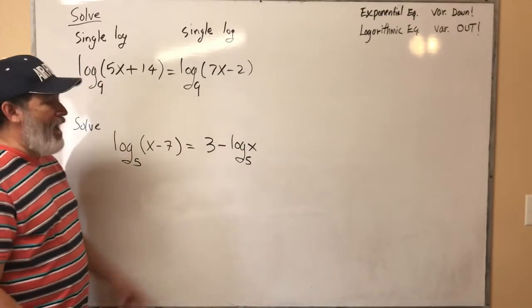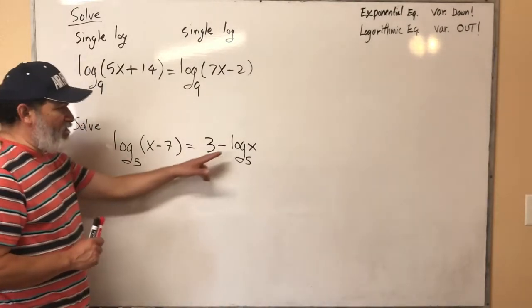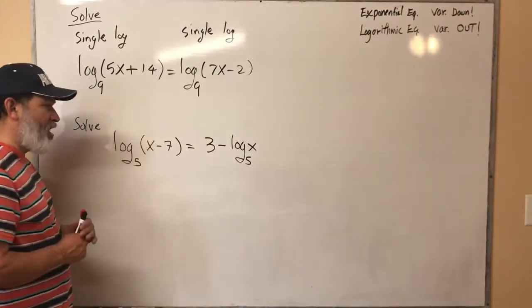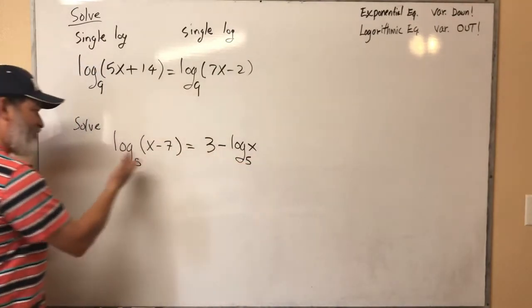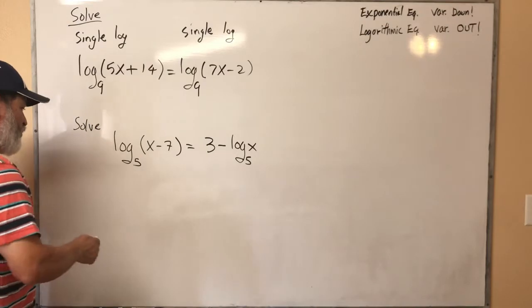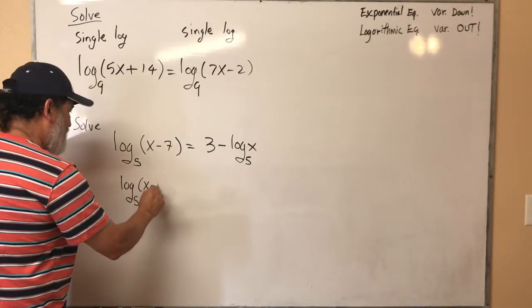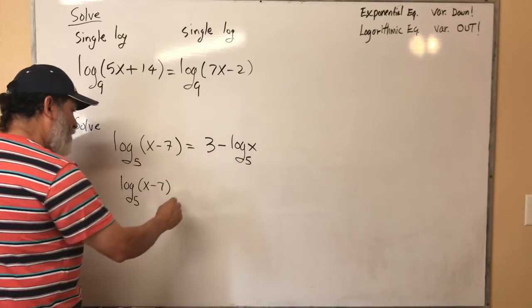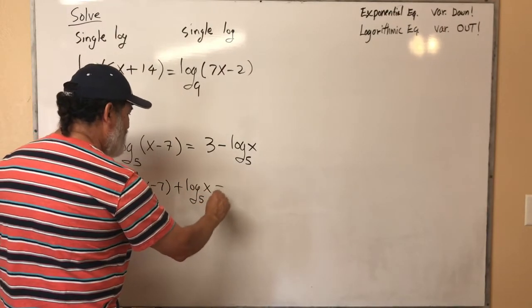No problem. I'm going to get the logs together. I'm going to bring this negative log base 5 of x to my left. So therefore we have log base 5 of x minus 7, plus log base 5 of x equals 3.